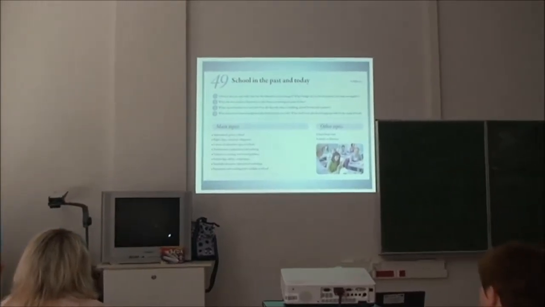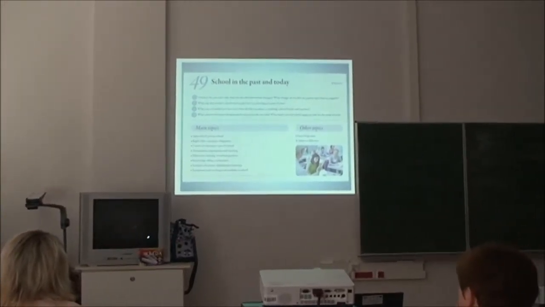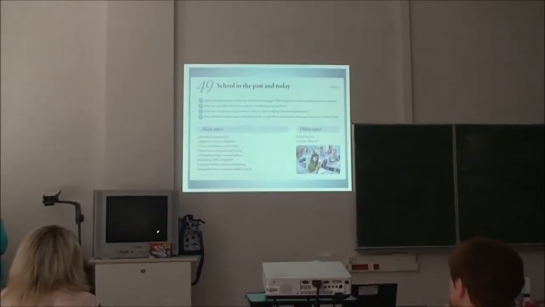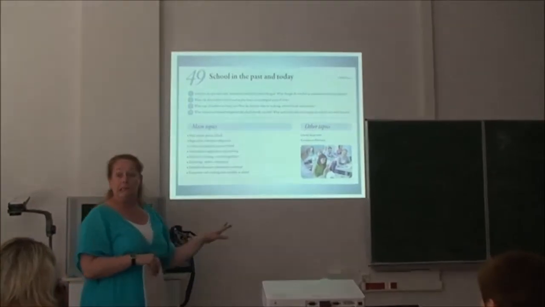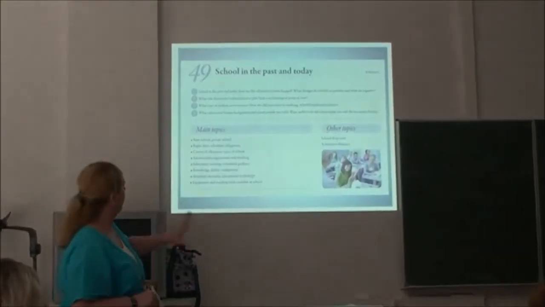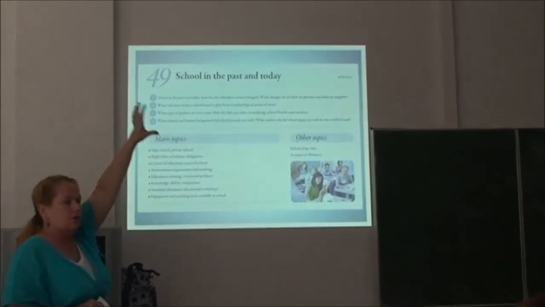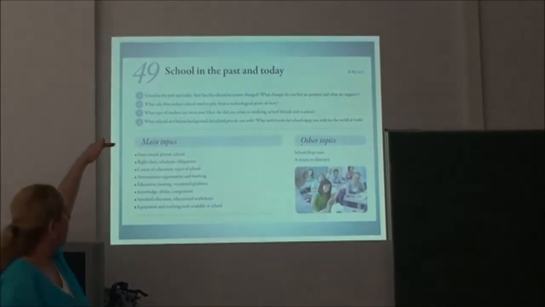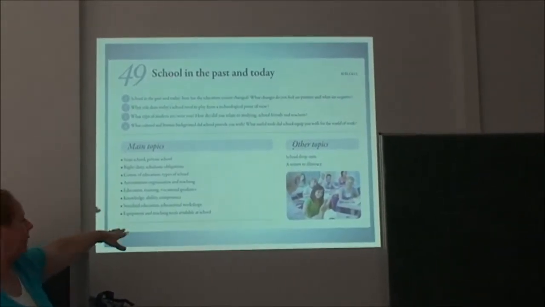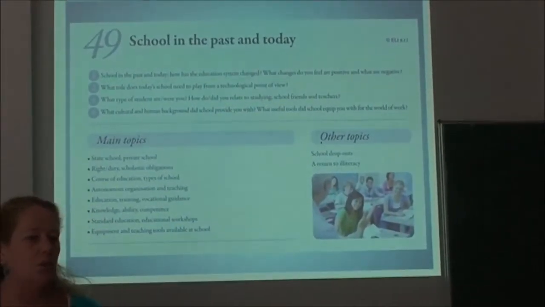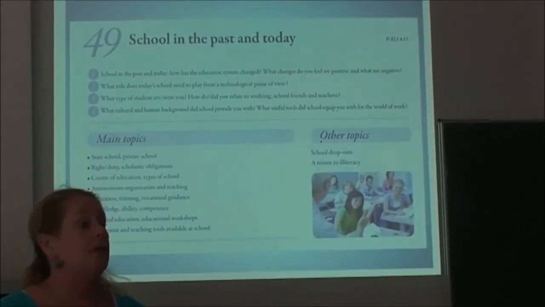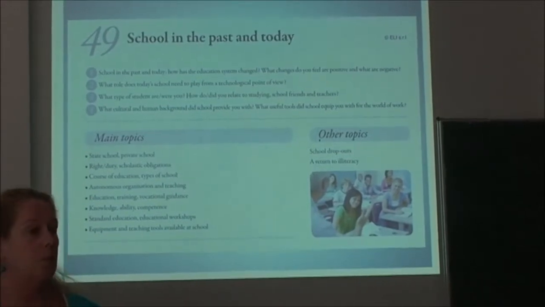How has the education system changed? What changes do you feel are positive and what are negative? So these are questions to us teachers, not just your students, but basically you'll see the same thing. Very general questions. The topics that you can pick up, I love this one. Equipment and teaching tools available at school. What equipment is available in your school?